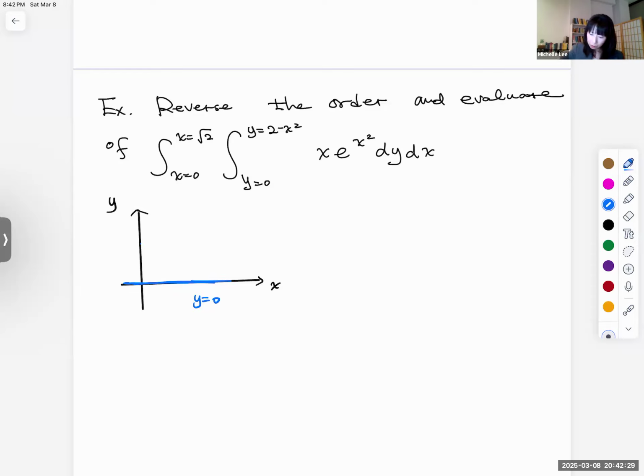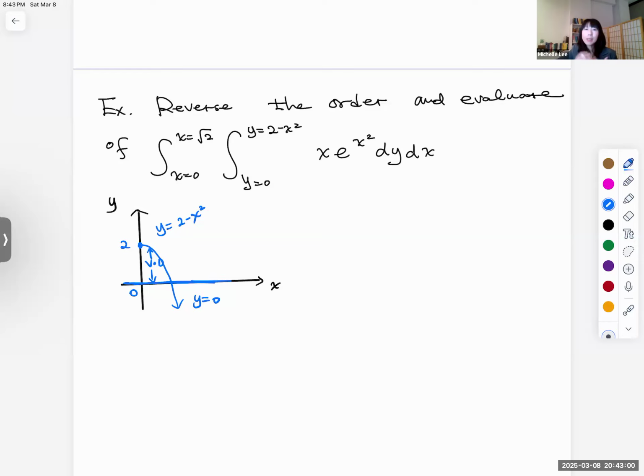Let me try one more time. Better? Okay, so y equal to 2 minus x squared. The y-intercept is 2 here, and then this is 0, right? All right, so this is the vertical distance.